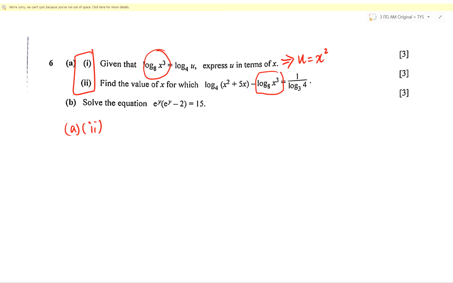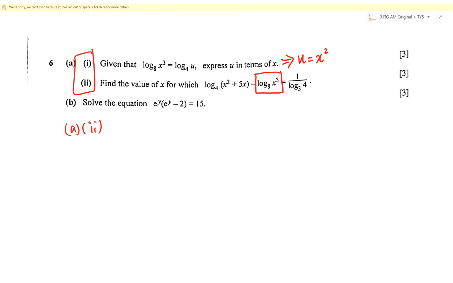So that means I can use whatever I found in part 1, u equals x squared, and I can do a substitution over here. Probably that will make my work easier. Probably, I don't know. But since it was already done, I'm going to give it a shot. Okay? First, I'm going to make log base 8 x cubed the subject. If you are able to do part 2 already, you can continue with your work.